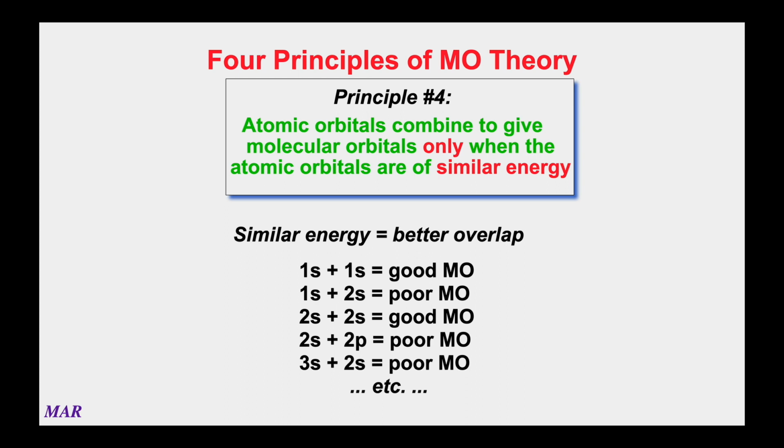So 1s plus 1s is going to be a good molecular orbital combination because the 1s's are very similar in energy. But 1s and 2s won't give a very good molecular orbital. There's quite a bit of energy difference between them. So 2s plus 2s is good, just like 2p plus 2p would be good, but 2s plus 2p wouldn't be very good. 3s plus 2s wouldn't be very good.